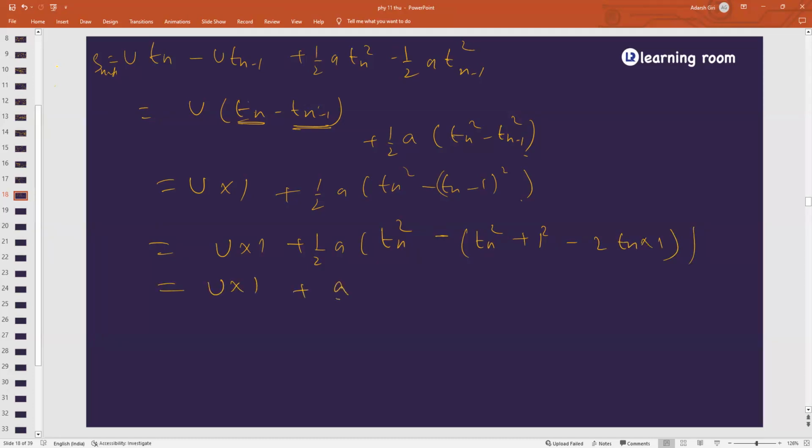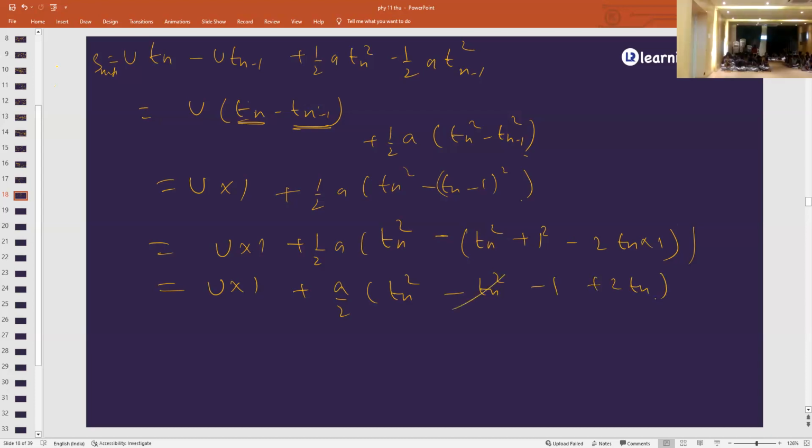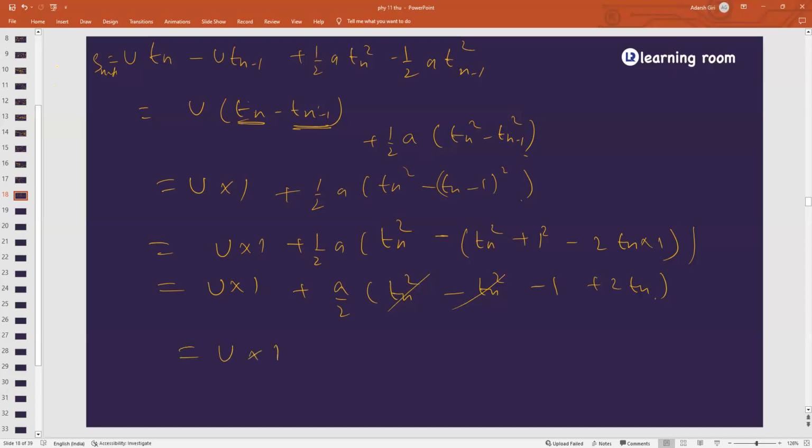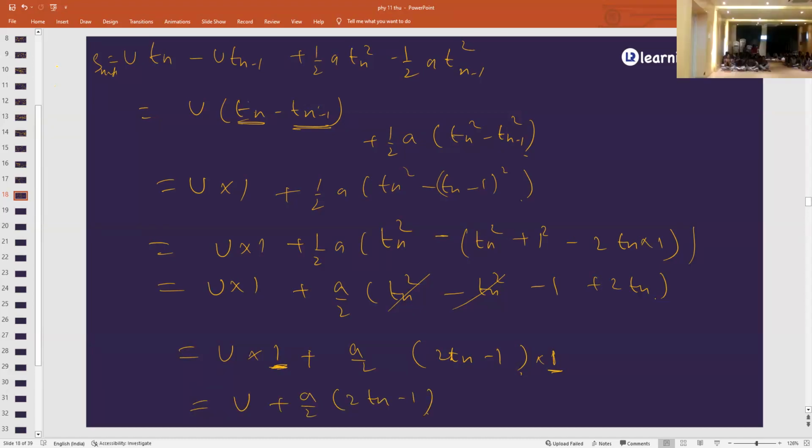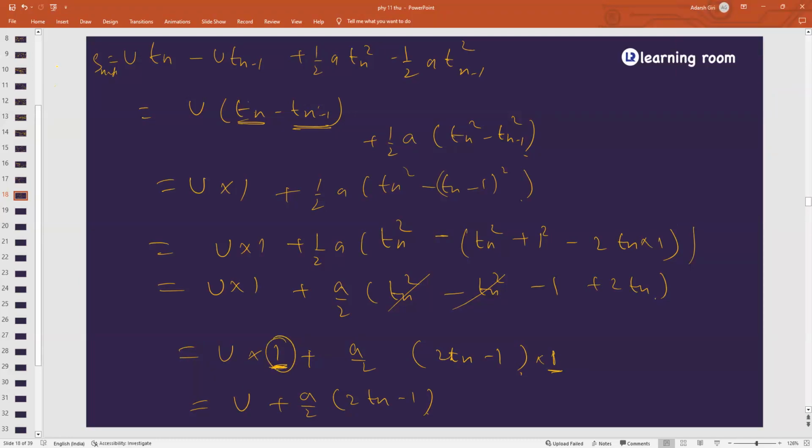So u into 1 plus a by 2 into tn square minus tn square minus 1 plus 2tn. Agree or not? Yes, sir. This cancels. So it is u into 1 plus a by 2 into 2tn minus 1. There is one more 1 here, so we do not consider it. That's why we just write u plus a by 2 into 2tn minus 1. Understood? Yes, sir. So this 1 is hidden. It is already there, but hidden.